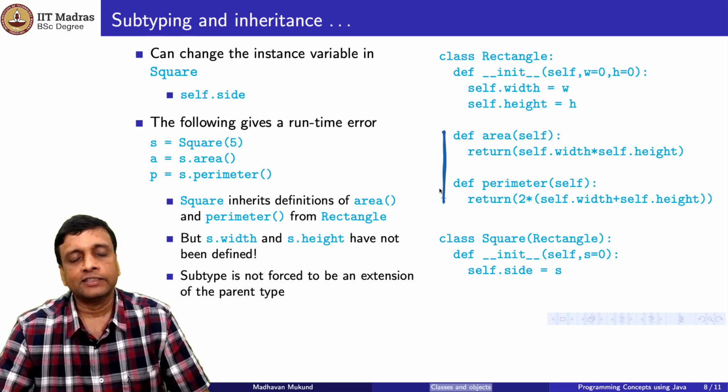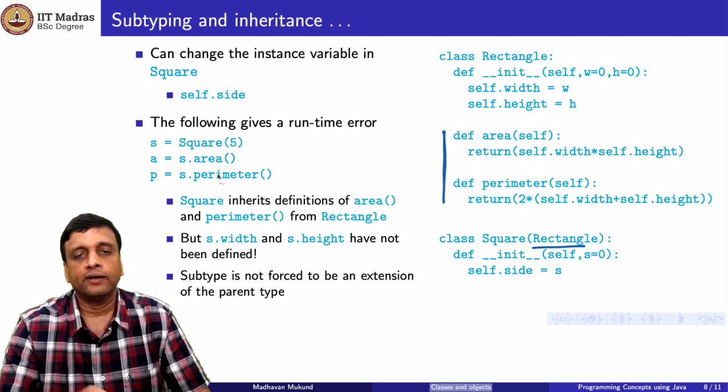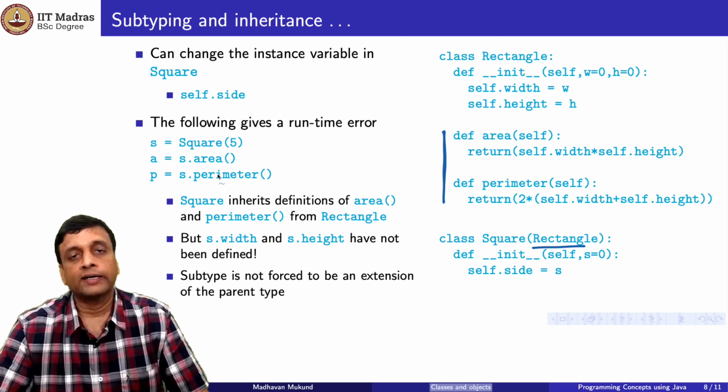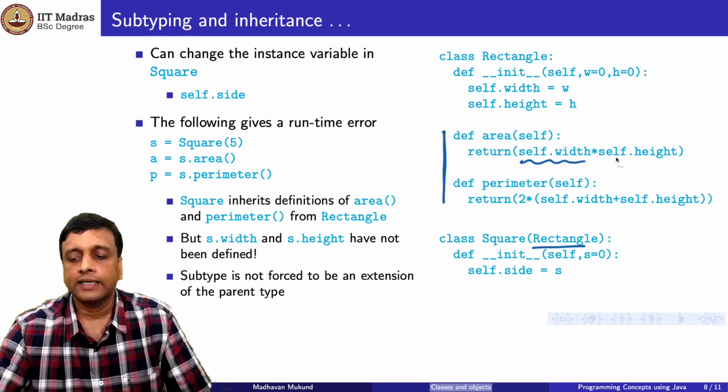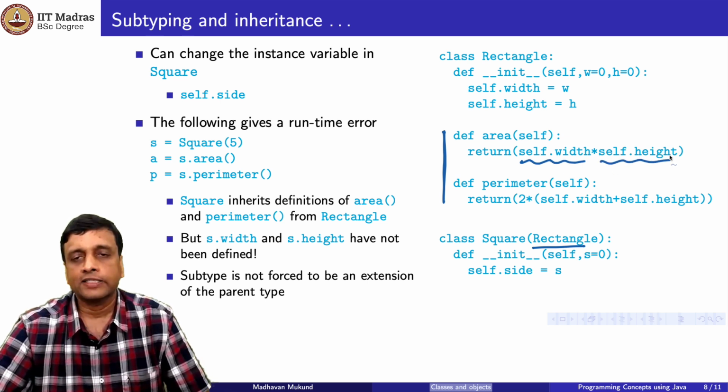So statically these functions are available because square has been defined to be a subtype of rectangle. So those functions are available to square. So if they are not defined in square, and if I say s.area, Python has no way to know before running the code that this s.area will not work. But when it actually comes to executing s.area, it sees that it needs these quantities self.width and self.height.